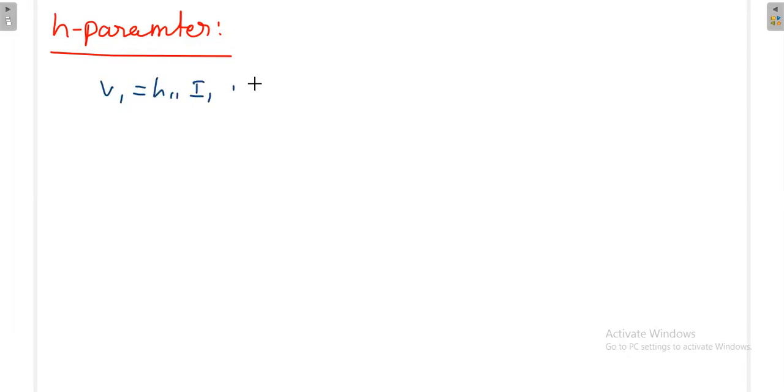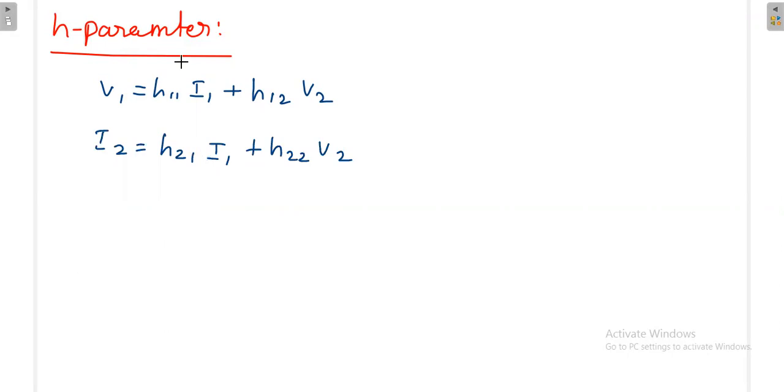Then H parameter. Okay, first we will see all the basic definitions of the parameter. Later we'll take some circuits and try to find all the parameters. V1 is equal to H11 I1 + H12 V2, I2 is equal to H21 I1 + H22 V2.